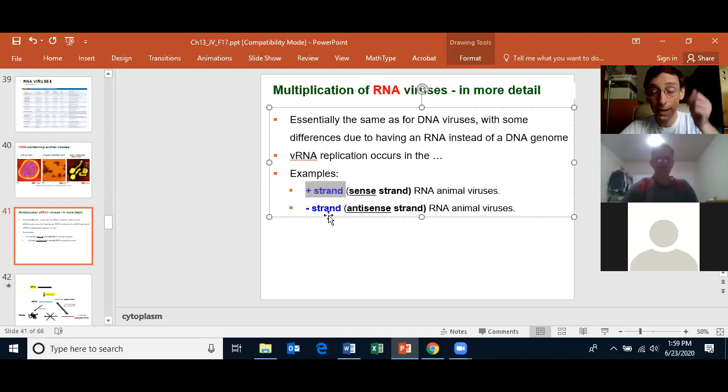And the ribosomes can't read that. Any questions about that? So this genome is only the genome. And to make viral RNA, it will copy the negative strand and make the complement, which is the positive strand. And then that positive strand RNA can be used as viral messenger RNA. Any questions about that?